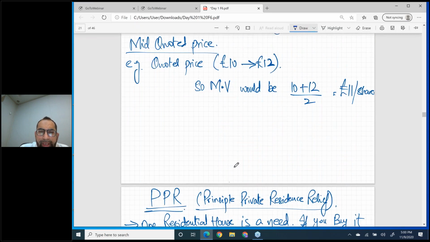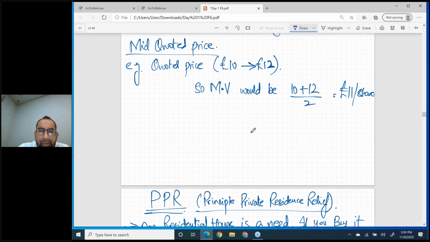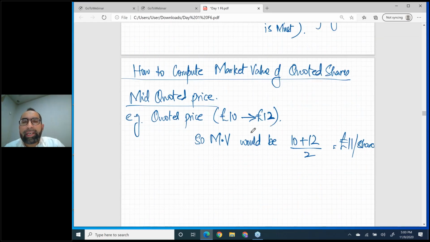Now, one more thing, a very little topic. How to compute the market value of quoted shares. Just think, if there is a transaction between connected persons like mom, son and so on, instead of disposal proceeds we have to use the market value.